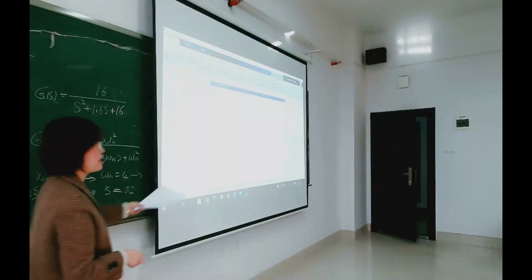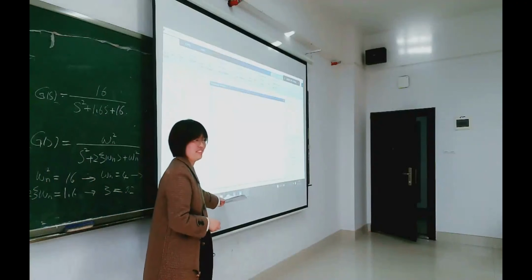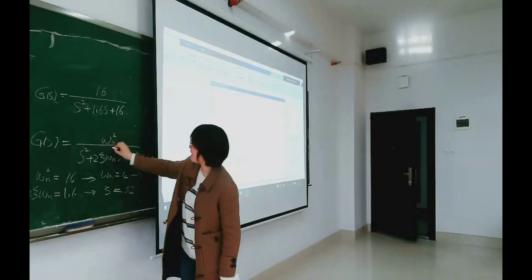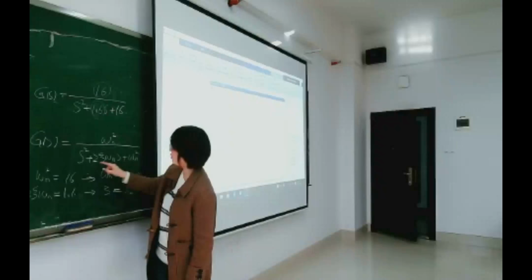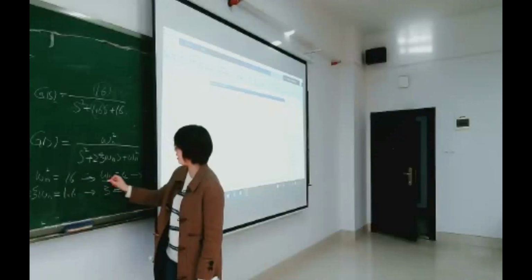Then can Matlab help us to do the math? Here, the omega n squared is 16, and 1.6 equals 2 zeta omega n, with omega n being 4.